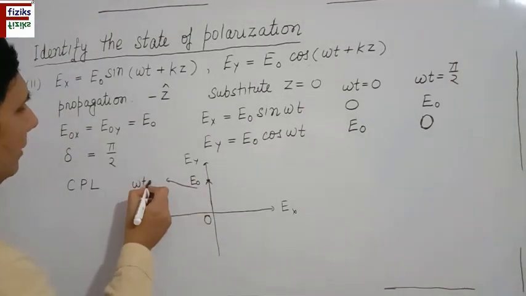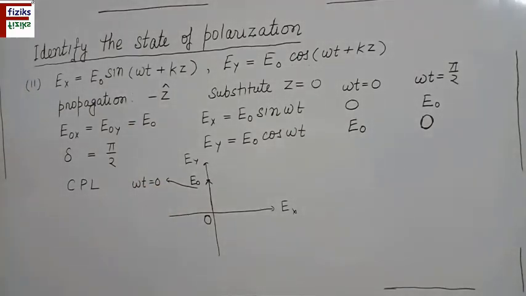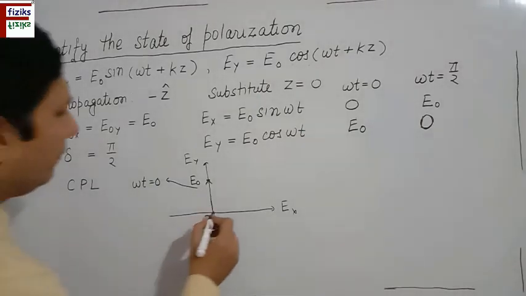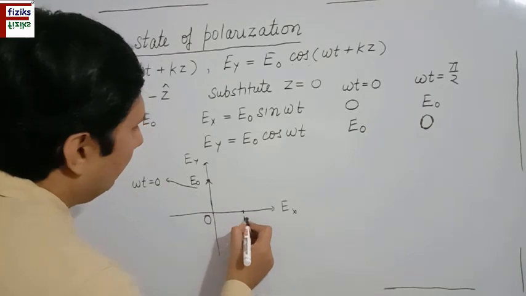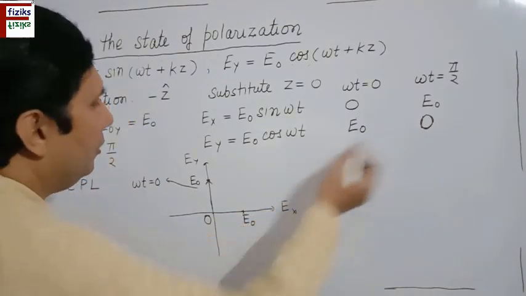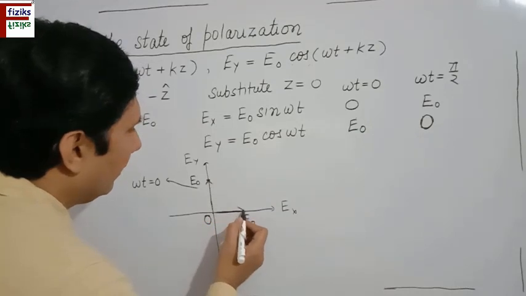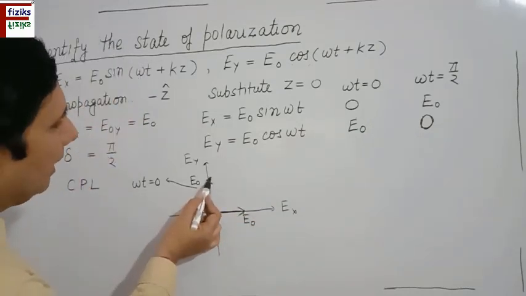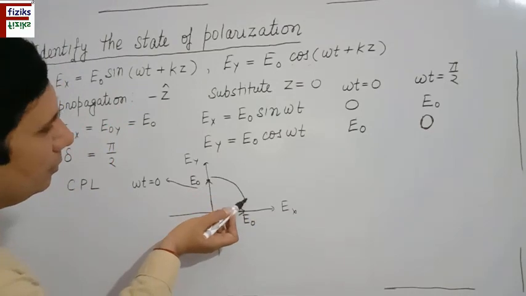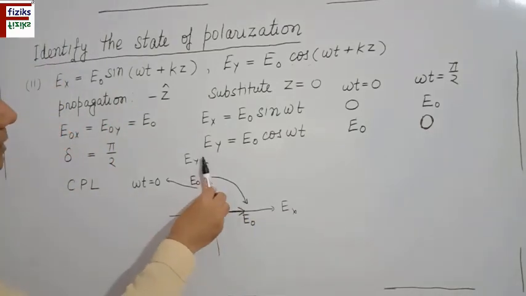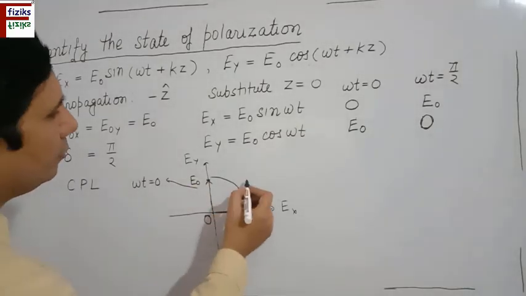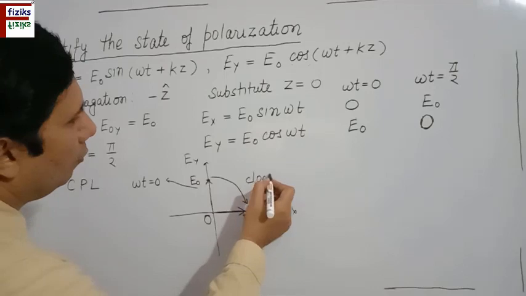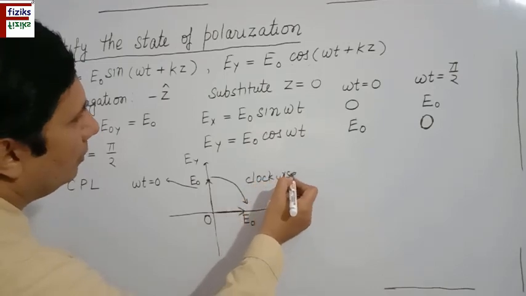Now after some time when omega t becomes pi by 2, Ex becomes E naught and Ey becomes 0. So the new position of the electric vector is this one. As time increases, this vector is rotating like this. This is the clockwise rotation.